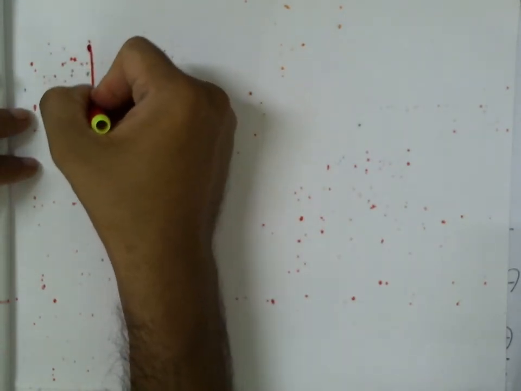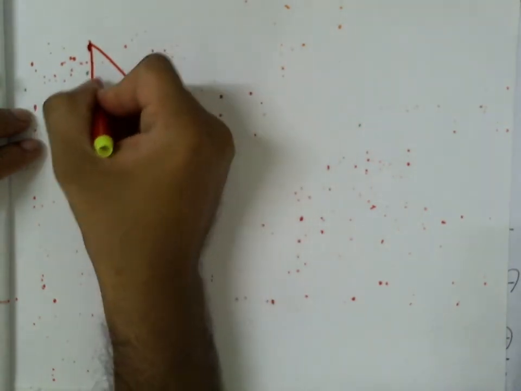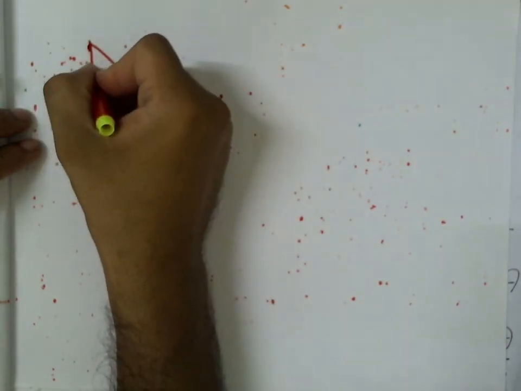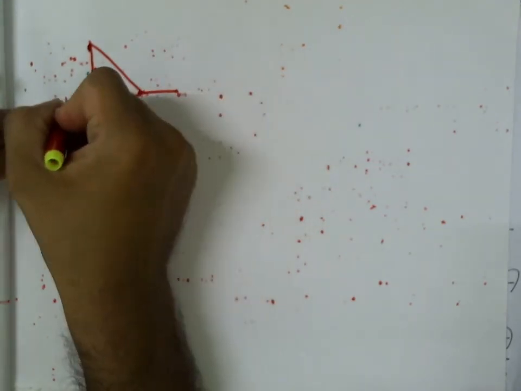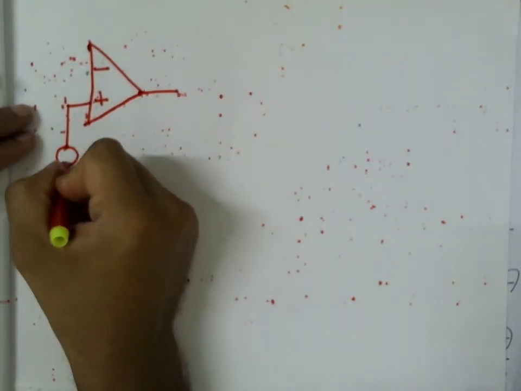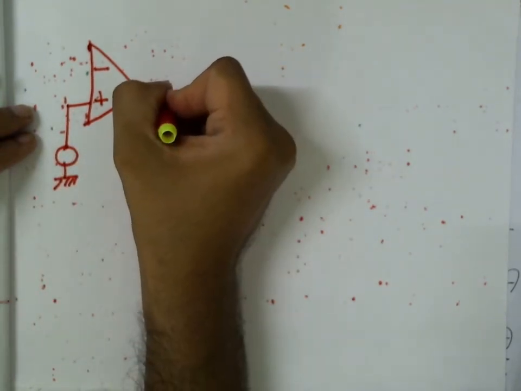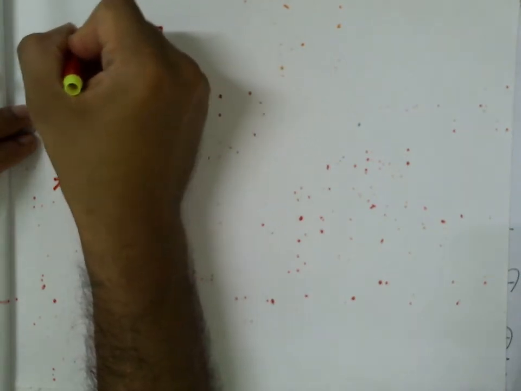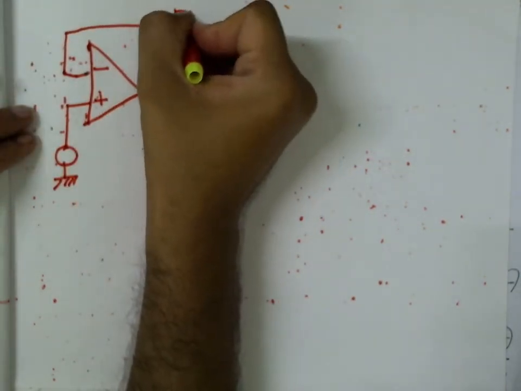So what I thought is like this: if I have an op-amp where I have two inputs, minus and plus, the plus terminal is fed with an external source, but the minus terminal is fed back by the op-amp itself. It's feedback, right? It's feedback.